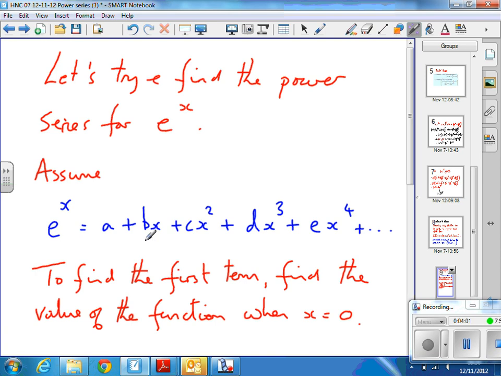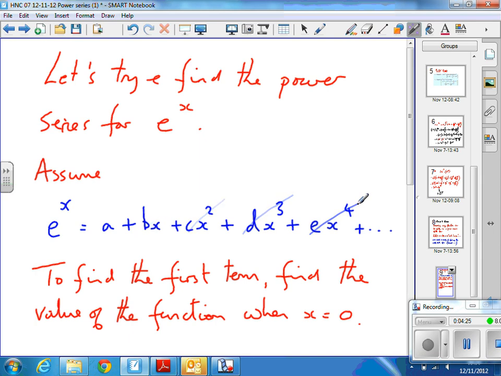What about these other terms? If x equals 0 in here, all the terms on the right-hand side, apart from a, will be 0, won't they? So if I let x equal 0, that gets rid of all the terms apart from the first one. So it allows us to find a.